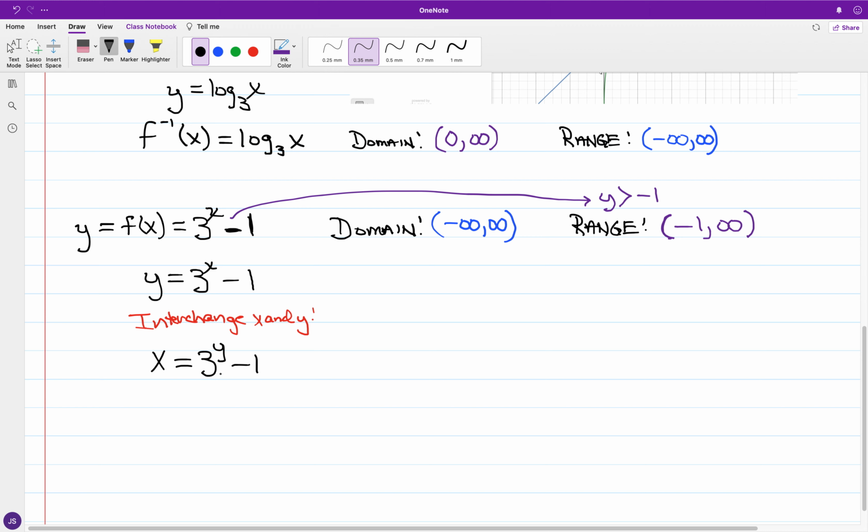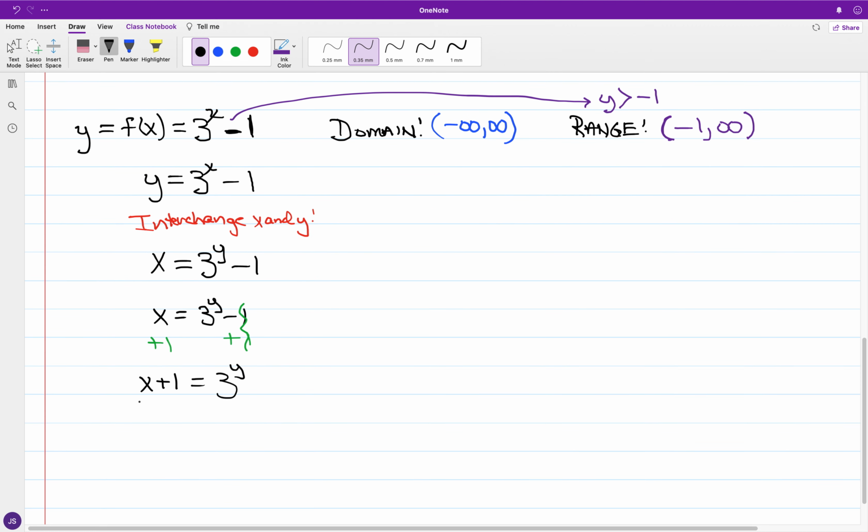I'm going to get this term by itself, so I'm going to add 1 to both sides. So I have x plus 1 is equal to 3 to the y.